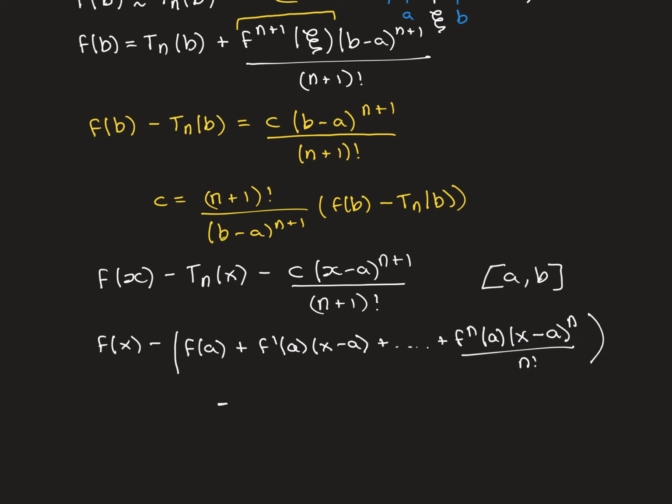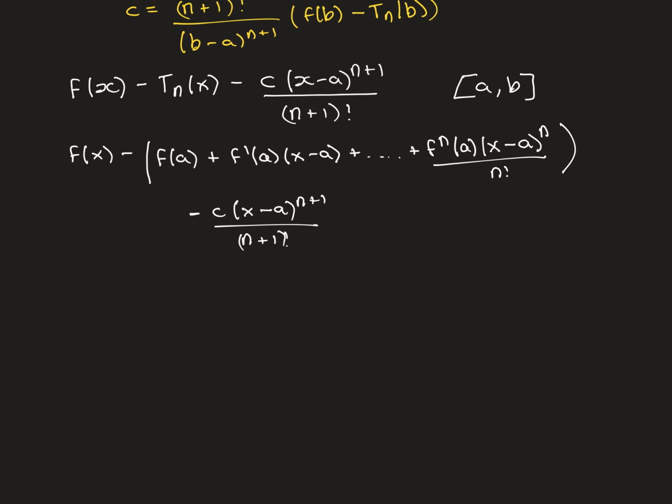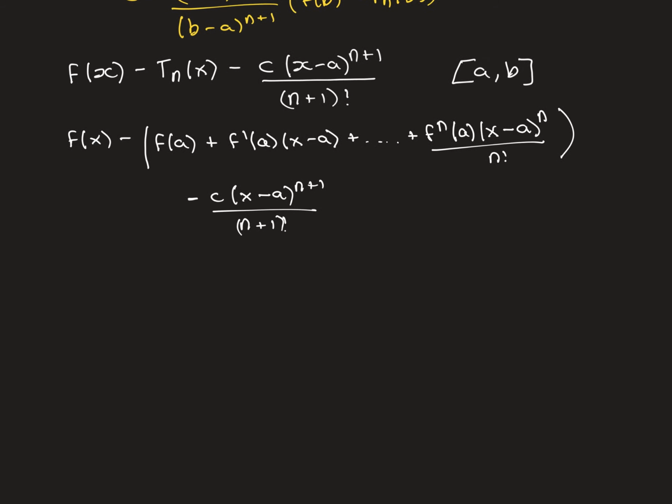And then we've also got minus this final term, this Taylor term at the end, c times x minus a to the power of n plus 1 over n plus 1 factorial. Now, let me just put some brackets there. Let's think about drawing a picture of my function here.